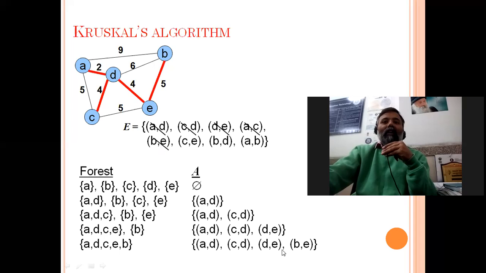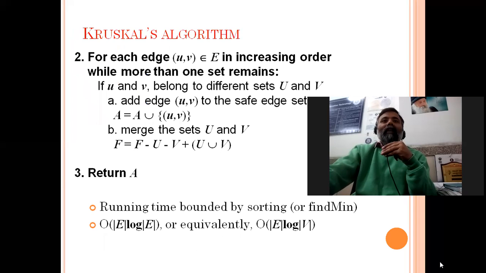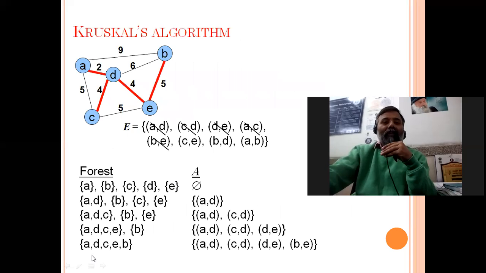So that's why BE will be included in our MST, and both sets will be merged, and we will get this set. Now, if you remember, this loop will execute only while more than one set remains. Now you can see we have just one set. So our loop will be terminated.